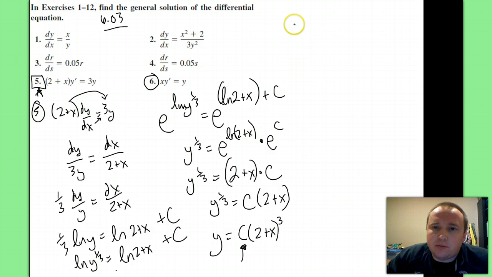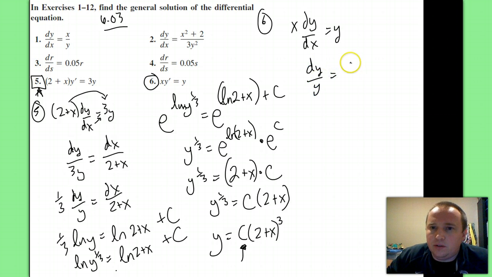Number 6 looks pretty similar, but 6 is x times dy dx equals y. So dy over y equals dx over x, which is natural log of y equals natural log of x plus c.